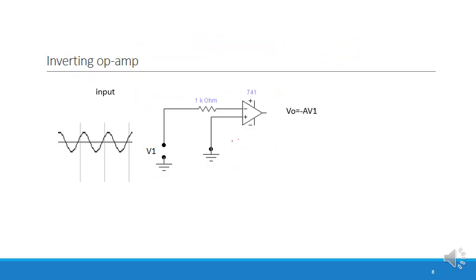If I apply feedback to this circuit, then it is called a closed loop operational amplifier. That means if this is connected to this output terminal, then this type of operational amplifier is called a closed loop operational amplifier.